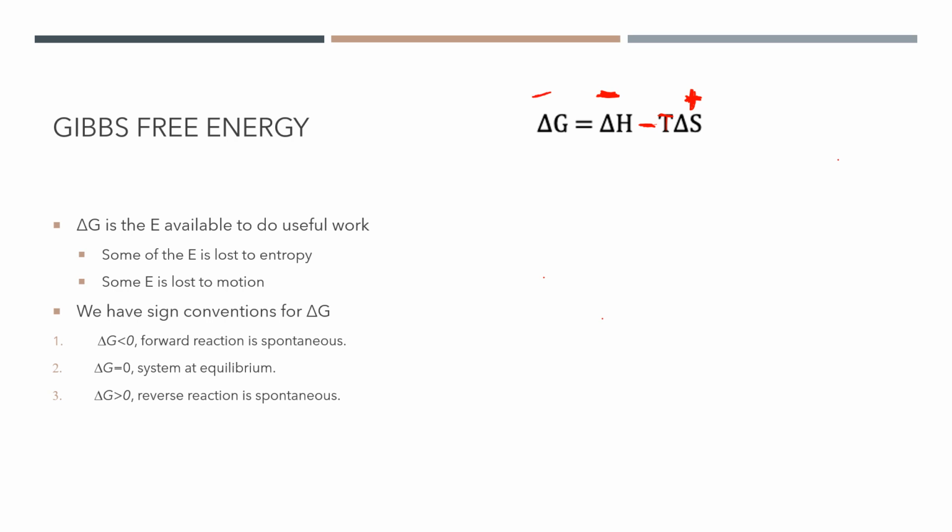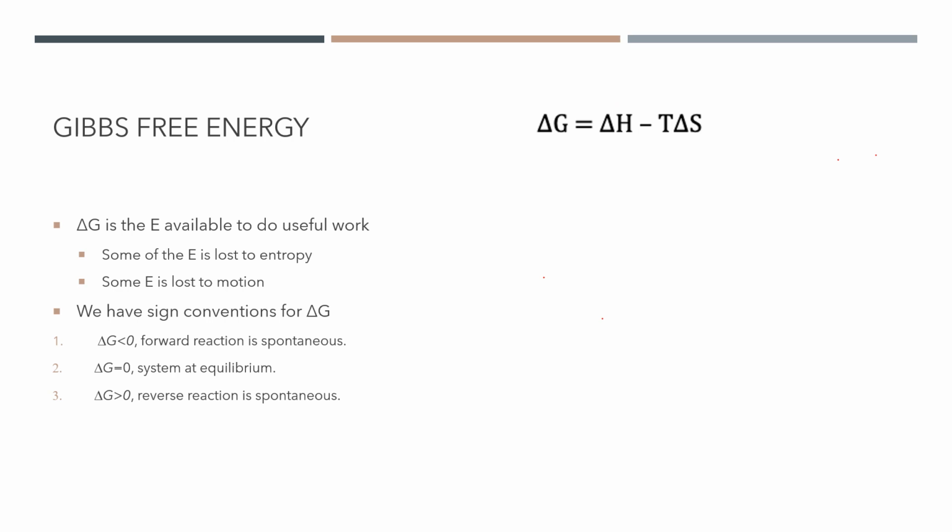So if your entropy is increasing and it's an exothermic process, it's always going to be spontaneous. If, on the other hand, let's say we had a positive change in enthalpy, so it's an endothermic process, and let's say our entropy was decreasing, that is not spontaneous. And we'll go through this more in detail on the next slide.